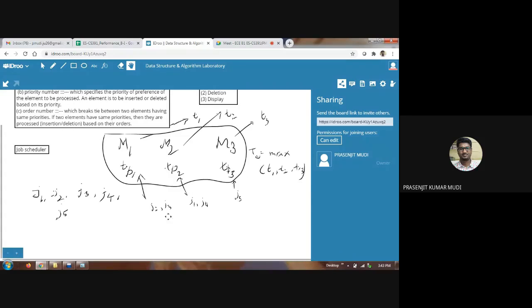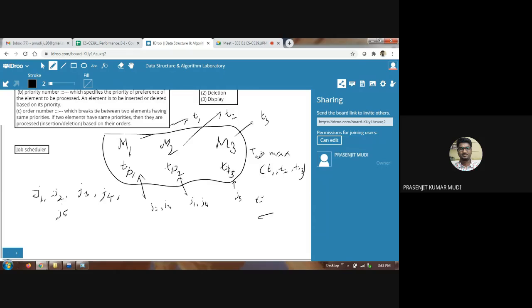This is one combination: J2, J3 is assigned to this, J1, J4 is assigned to this. There may be another combination where you assign J1 only to M1, J2, J3, J4 to M2, and J5 to M3.